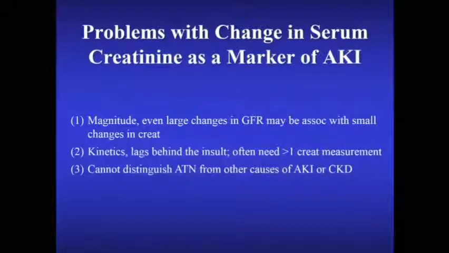So, a couple of themes I wanted to talk about. One is that we don't have great biomarkers to help us determine what type of acute kidney injury patients have, or even whether they've got kidney injury. And one of the problems is we're saddled with creatinine as a measure of GFR. And so, for the most part, you can think of the relationship between creatinine and GFR as being logarithmic, so that really small changes in the creatinine in the normal range could represent large changes in GFR.